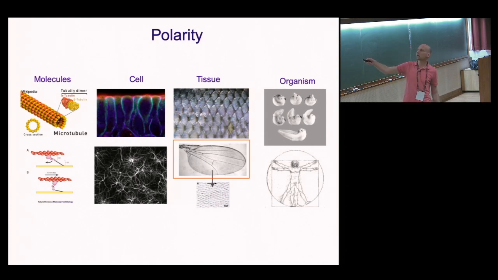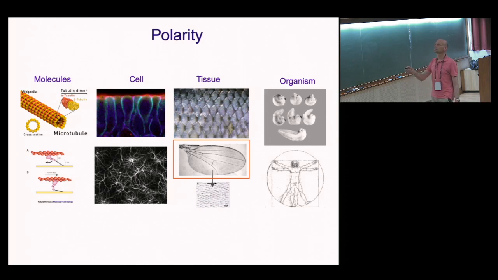Then these large macromolecular fibers are assembled by the head-to-tail alignment of these dimers. So the entire fiber, therefore, gets a polarity, which can then, for example, be translated into directional force or directional flow by motor proteins walking along the fiber, along its axis of polarity.